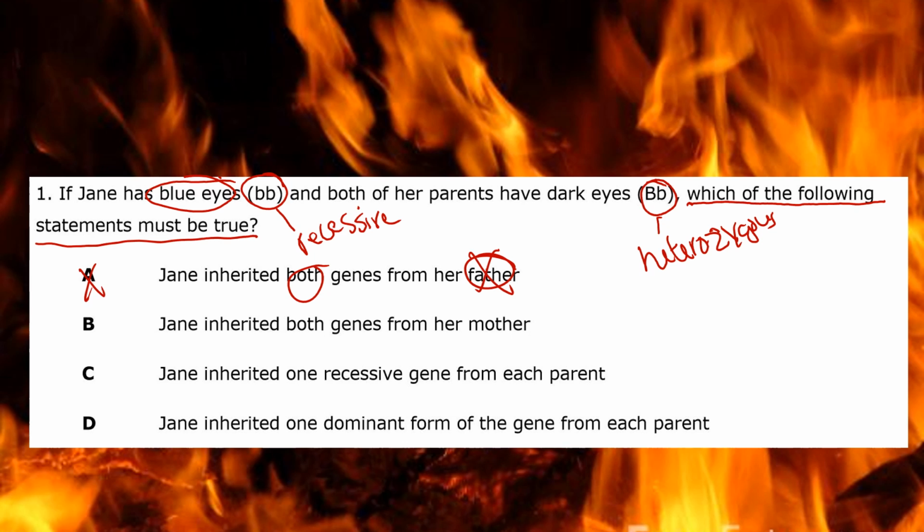Then it said both from mother. That's not true for the same reason that A was not true. Jane inherited one recessive gene from each parent. That is probably true. We always read all our answer choices. The reason we always read all of our answer choices is that sometimes you'll realize that maybe you misread a question.